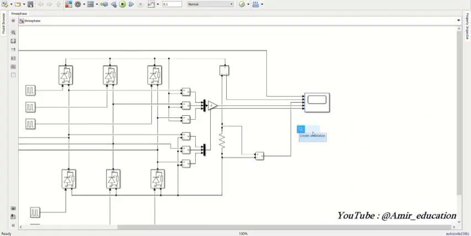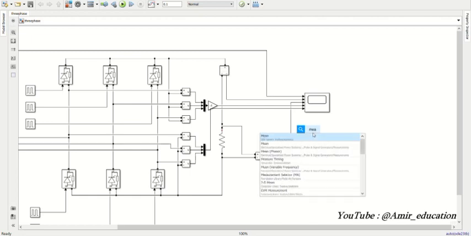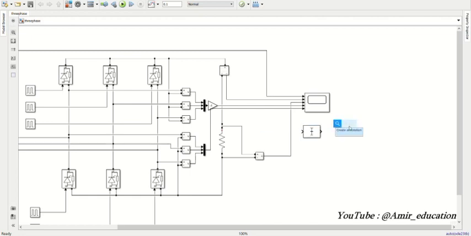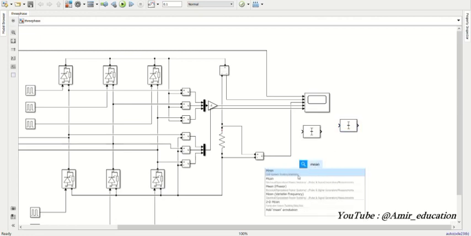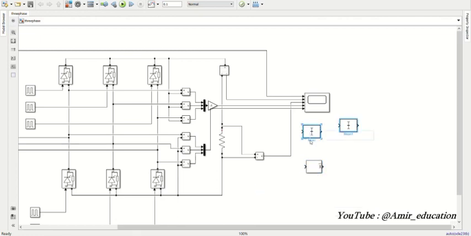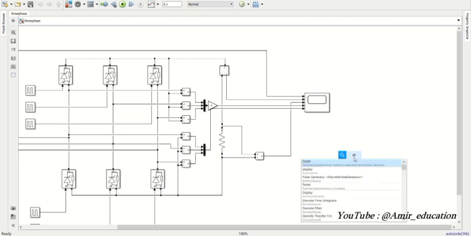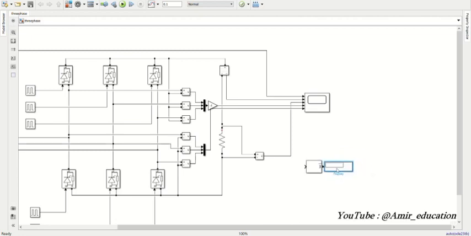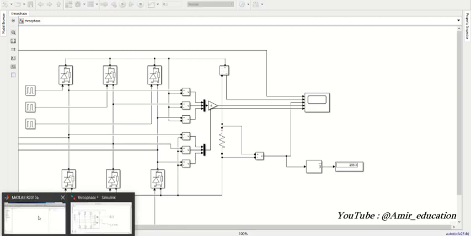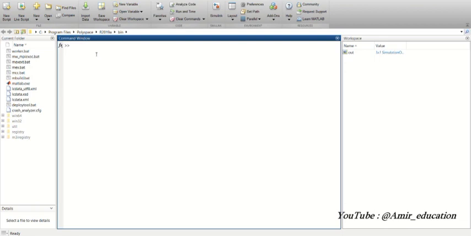And let's see the mean of our output voltage. Okay, we also need a display. Let's see its value. It's 255.3, and its principle is calculated this way.